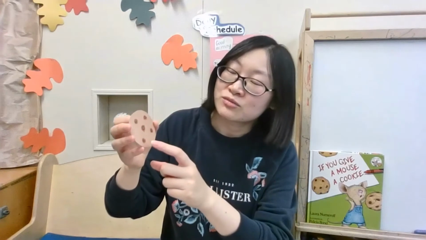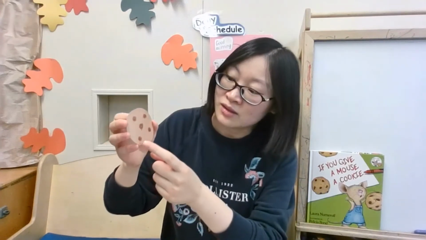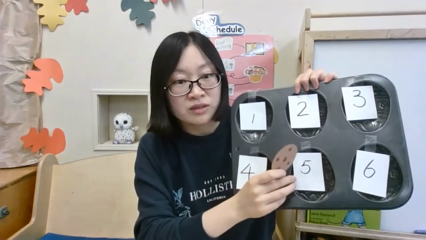They need to practice counting while pointing at the items using one-to-one correspondence, like saying one number and then pointing to one item. And also this activity gives them the chance to practice connecting the amount of the number to the image of the number.